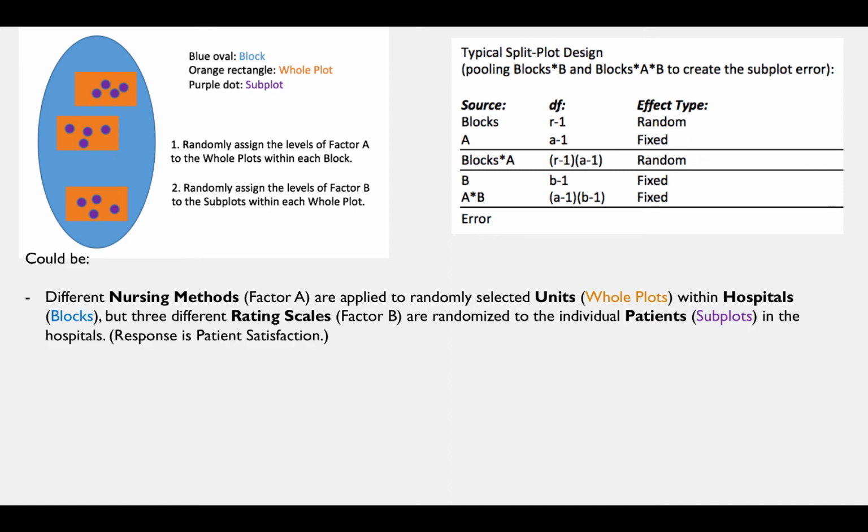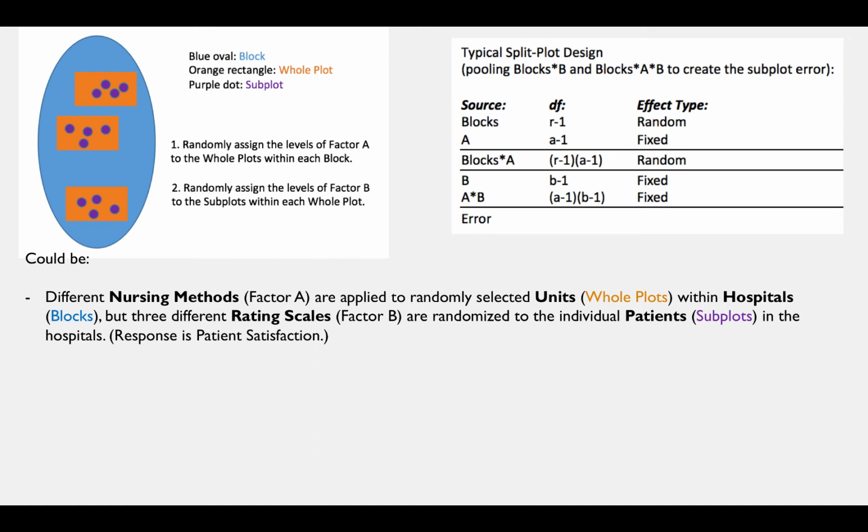So this same experiment could describe a lot of different situations. So we might look at something like applying different nursing methods within hospitals. So first, the 6 big blocks, the blue blocks at the top, are 6 different hospitals. Then we look at 3 different units within those hospitals. So those are the whole plots.